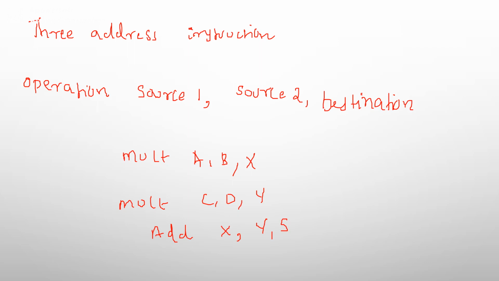The content of x is nothing but a star b, and the content of y is nothing but c star d. Finally we can add these two and store the result in the register s.